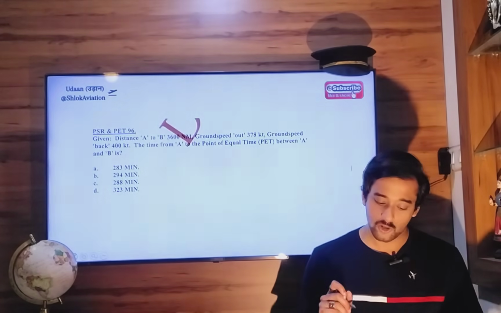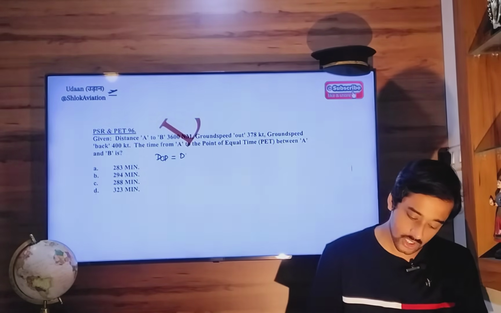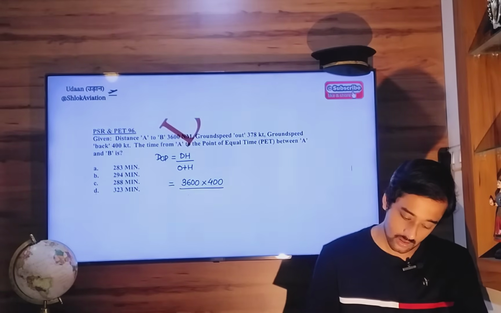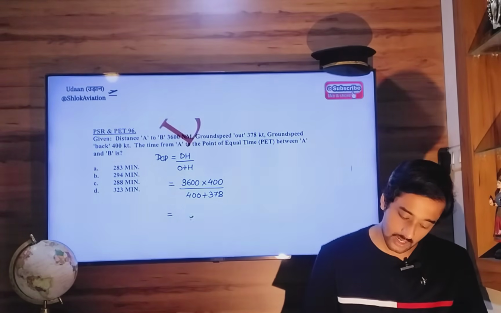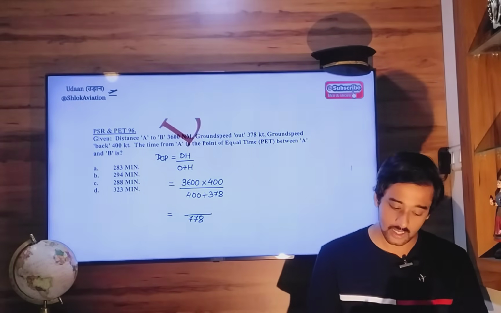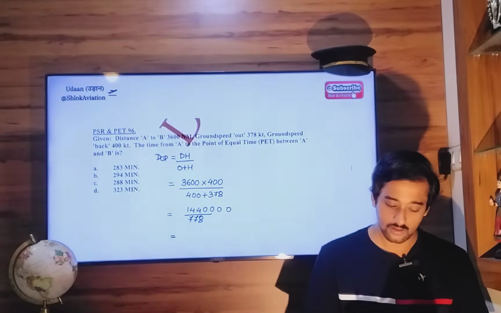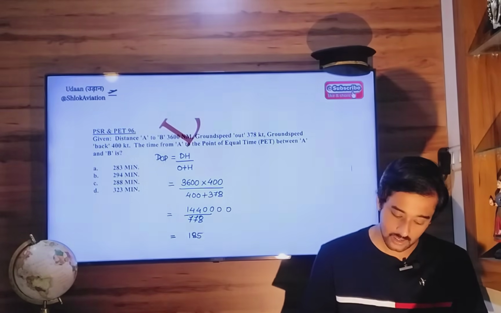96. What is the time from A to the point of equal time? So distance to critical point DH. So D is 3600, H is 400, 400 plus 378, 778, numerator 3600 into 400, 1440000 is 1850.8 or 1851 nautical miles.